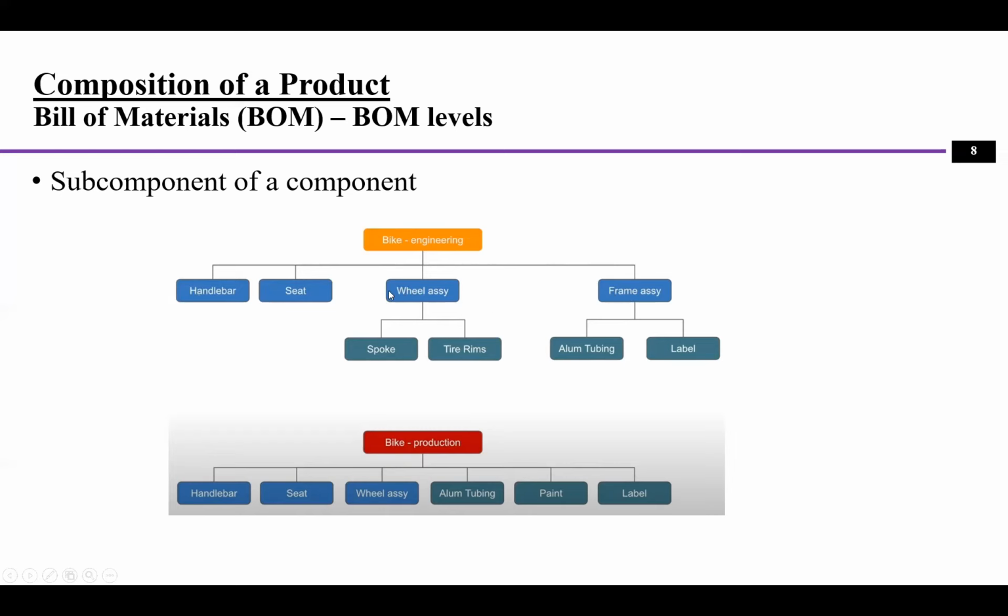And furthermore, you can decompose, disassemble the wheel assembly into some other parts. This is how you show that a product has different levels of parts, and it also gives you a better idea of how this product is constructed.